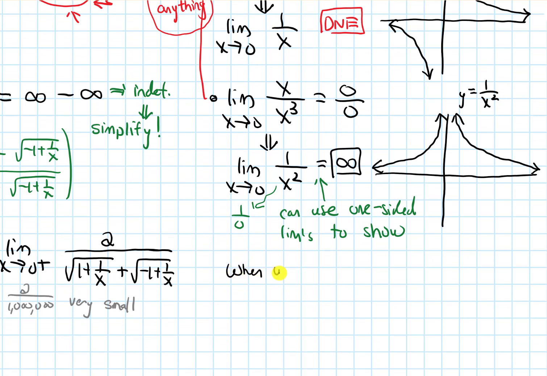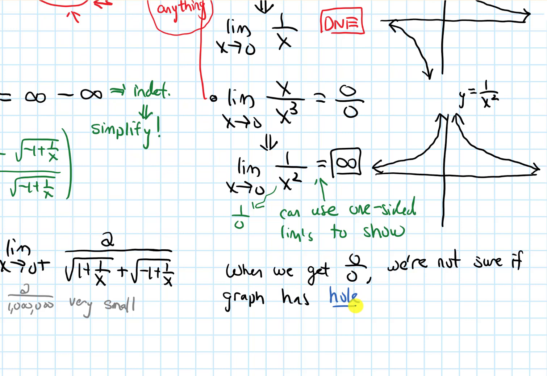Graphically, when we get a 0 over 0 situation, we're not sure if the graph has a hole, like that first indeterminate example did, or a vertical asymptote, like the second two indeterminate examples did.